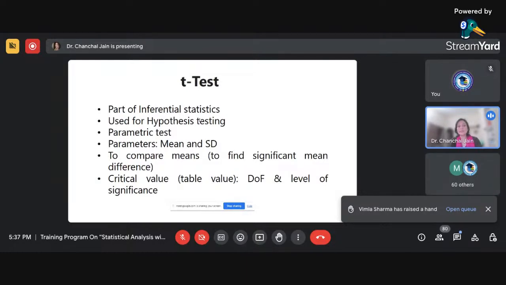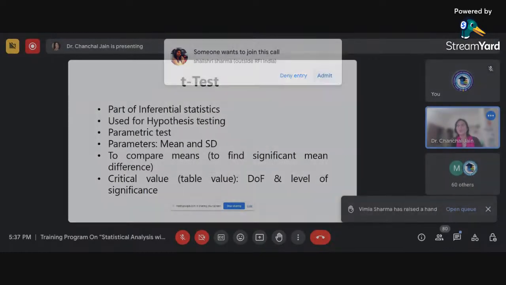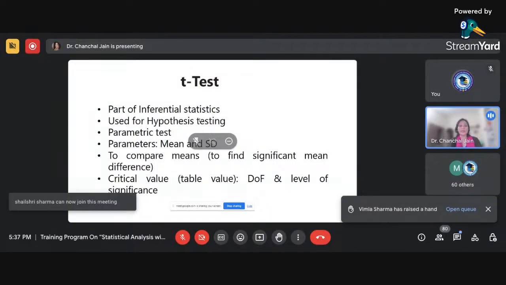So when we are considering the parameters of the population, now parameter can be the characteristics or the features of the population. So features or the characteristics of the population we can get using the mean and the standard deviation or the proportion. So using these things, we can understand the parameters. And when we are using these parameters in any particular test, that test becomes the parametric test.